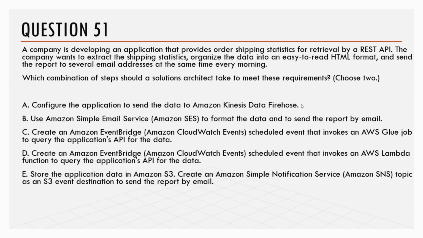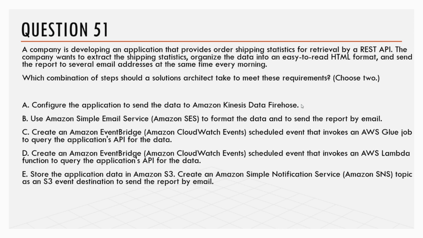Option D, create an Amazon EventBridge, Amazon CloudWatch Events, scheduled event that invokes an AWS Lambda function to query the application's API for the data. And option E, it says store the application data in Amazon S3, create an Amazon Simple Notification Service topic as an S3 event destination to send the report by email.